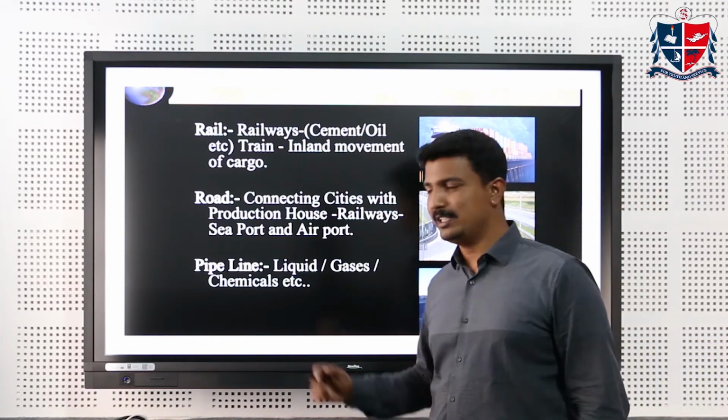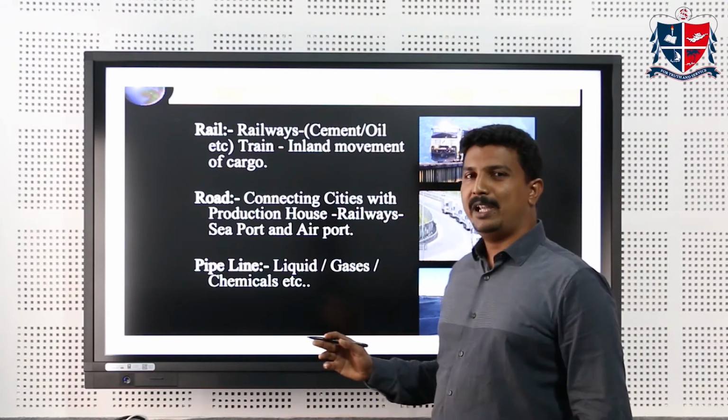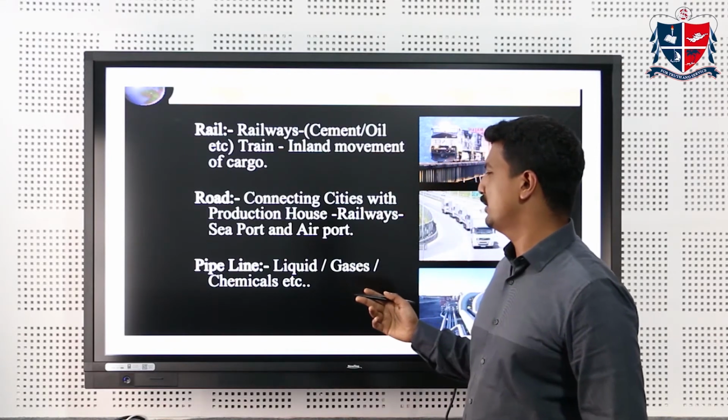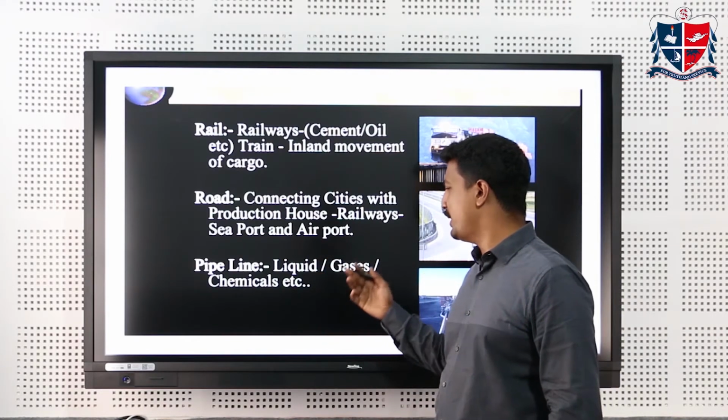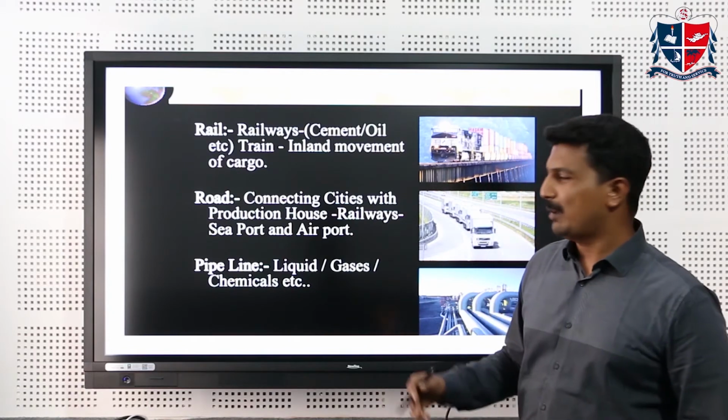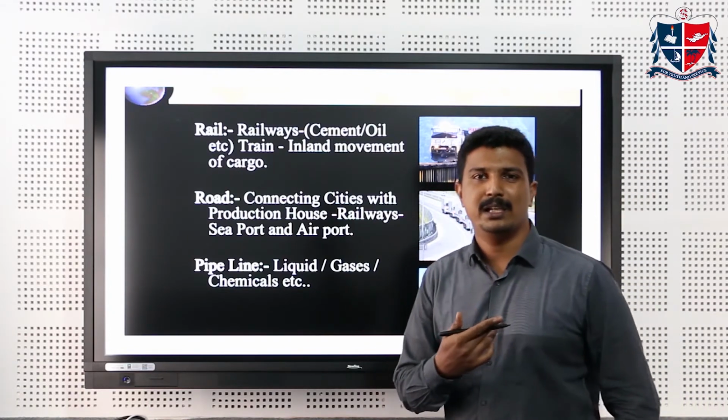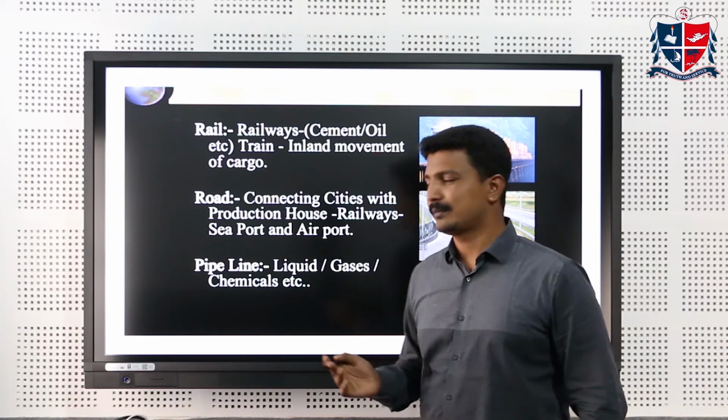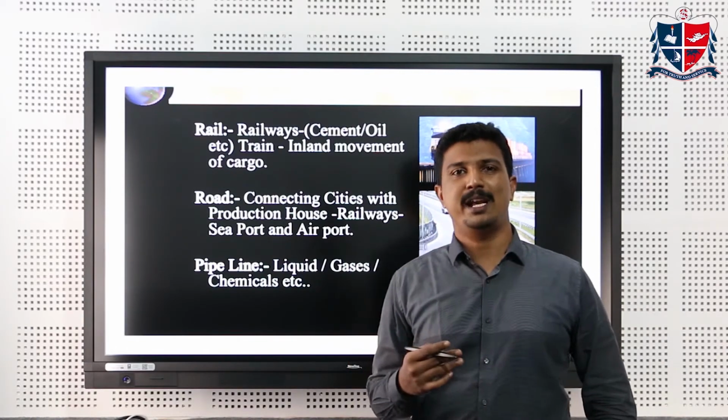The next mode of transportation is pipeline. In pipeline, we use cargo characteristics like liquids, gases, and chemicals. An example is the LNG terminal in Puduvai. We use liquefied natural gas.